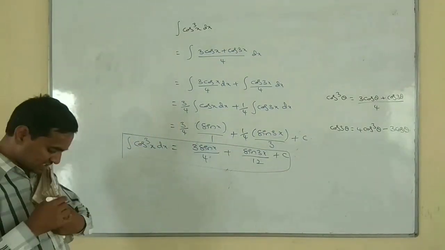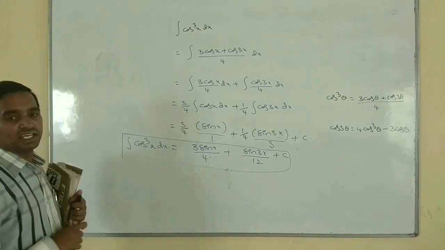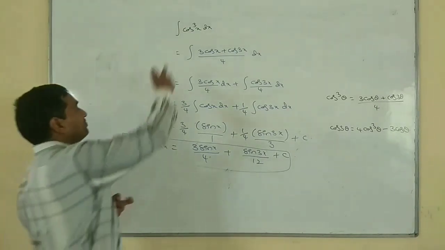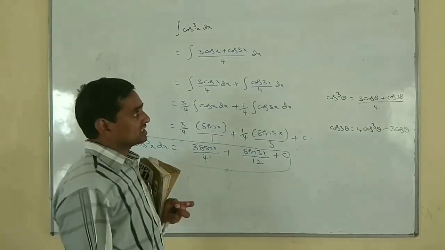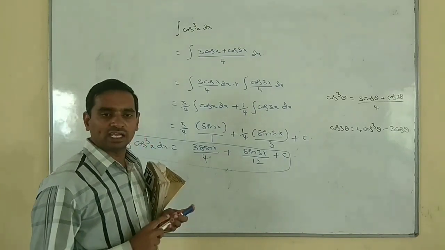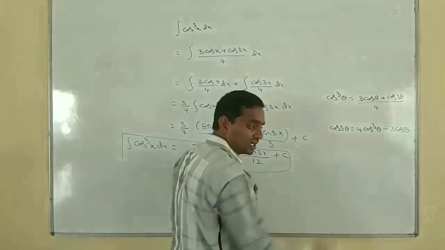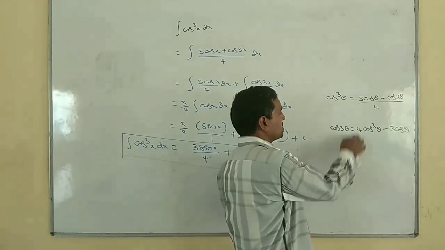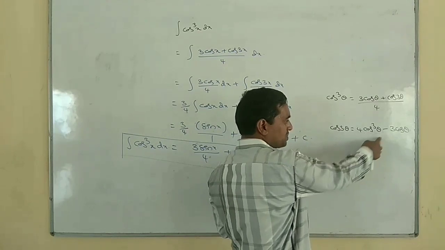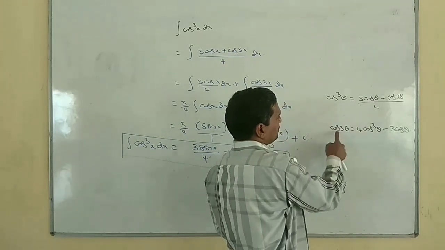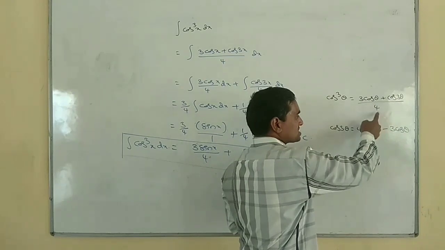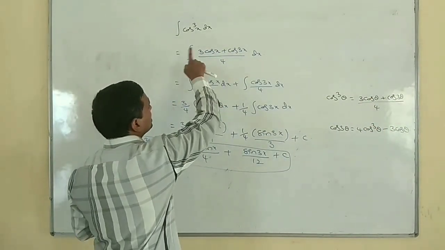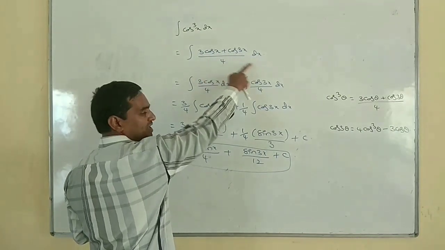Once again, the given problem is integration of cos cube x. It is cubic, so convert it to a multiple angle by applying the cos 3 theta formula: 4 cos cube theta minus 3 cos theta. From this, cos cube theta is (3 cos theta plus cos 3 theta) by 4. In place of theta, it is x only, so 3 cos x plus cos 3x by 4.